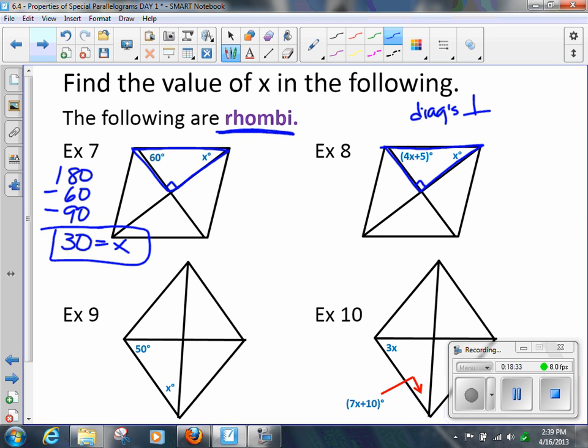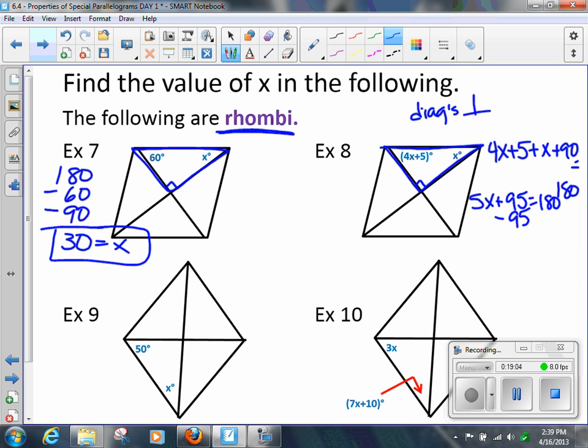Now, how are you going to set up that problem to solve for x? 4x plus 5 plus 90 equals 180. Do you guys agree with that? Even if you don't, you need to write this down. So then we just go with what we know how to do. 4x and x is 5x plus 95.